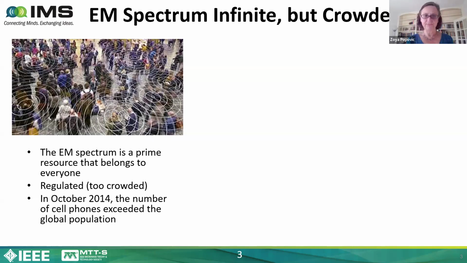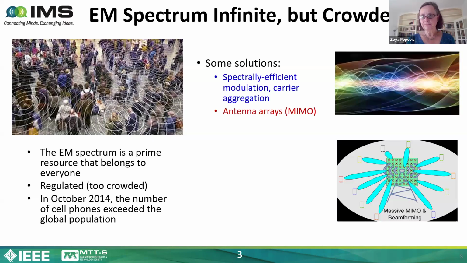on the planet Earth. So some solutions to this spectral crowding is to use spectrally efficient modulations, and that means to encode the signals that we're transmitting and receiving in very special ways to use the spectrum optimally. And also another thing that people have been doing, just as an example, are antenna arrays.